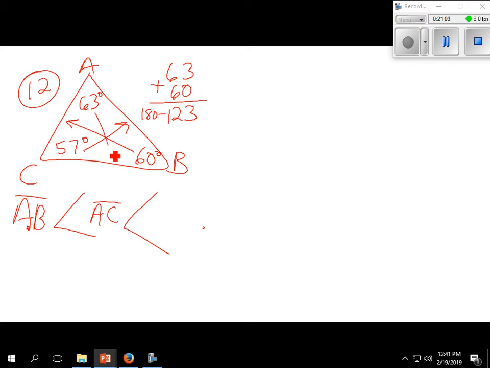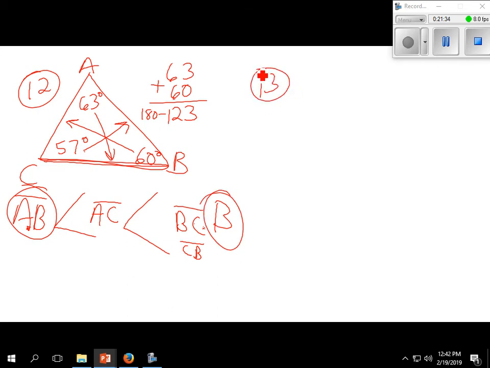The longest side has to be across from the 63 degree angle, which is BC or CB, whichever one they name it. If we look at the answers, the first two have segment AB first, then the second has AC, then CB, so they just have this one turned around, same thing. So our answer there would be B.